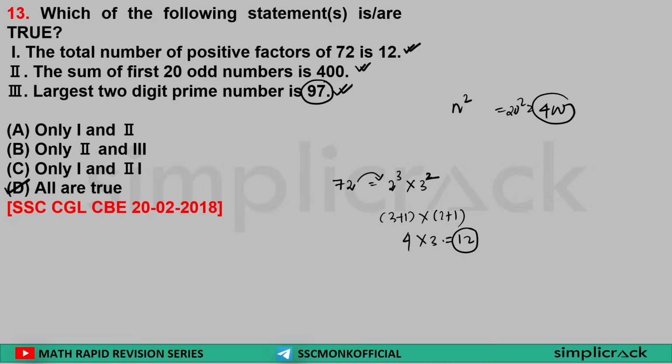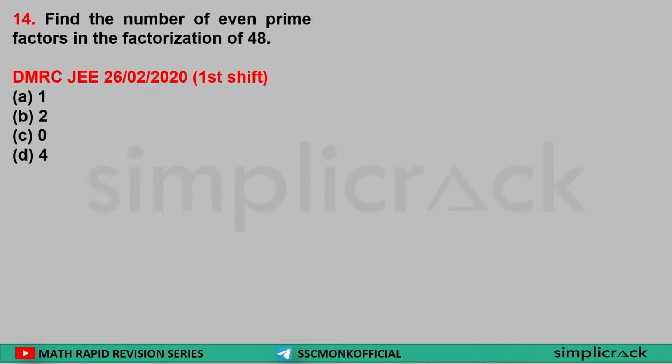Clear? Sorted? Next. Find the number of even prime factors in the factorization of 48. Sir, 48 can be written as 2 cube, that means 8, multiplied, or we can directly write 2 to the power 4, 16 into 3 is equal to 48. Yes or no?